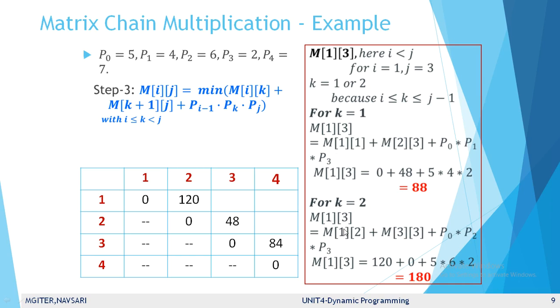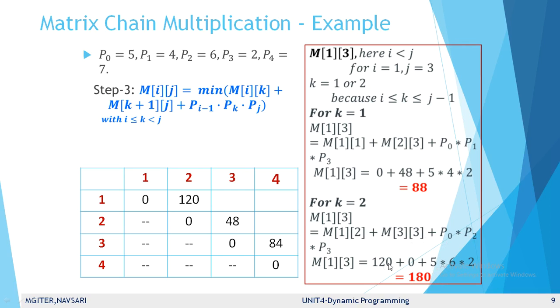Now M of 1 3 is equal to the minimum over k, where the value of i is equal to 1 and the value of k is equal to 2. So M of 1 2 plus M of k plus 1, k is equal to 2, 2 plus 1 is equal to 3, and the value of j is equal to 3, M of 3 3 plus P0 into P2 into P3. So M of 1 2 is equal to 120 and M of 3 3 is equal to 0, plus P0 is equal to 5, P2 is equal to 6 and P3 is equal to 3.